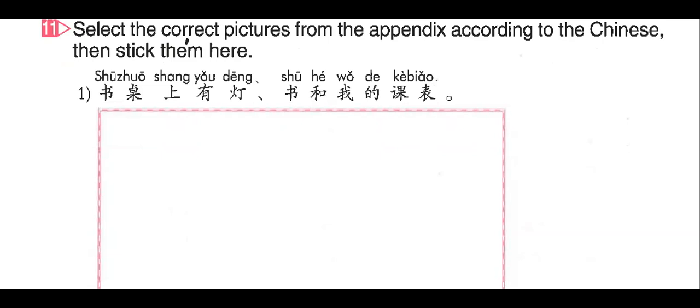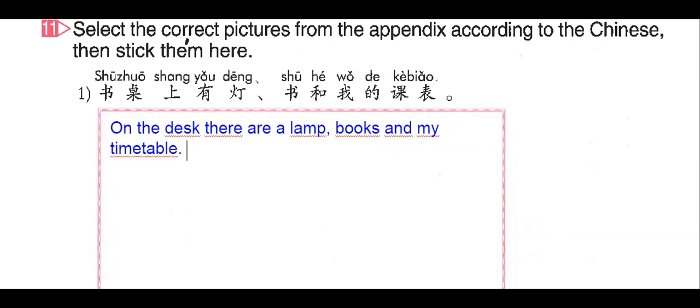So I'm just going to translate this sentence, okay, and then you can make a little drawing here, or if you have the stickers, of course, you can use them, okay, according to what I'm going to describe. So the first one, on the desk, there are a lamp, books, and my timetable, okay?